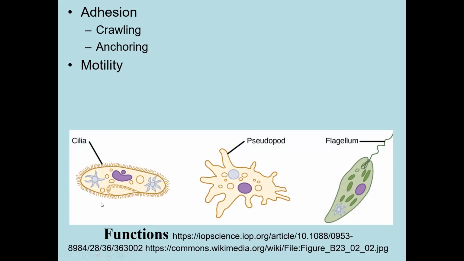What happens is they have this wave-like pattern where water is moved over the top of the surface, and it causes it to move around and circulate. And as it circulates, that allows for the movement of this cell. It allows for feeding and it allows for water filtering. Very important in many aquatic versions of these organisms.